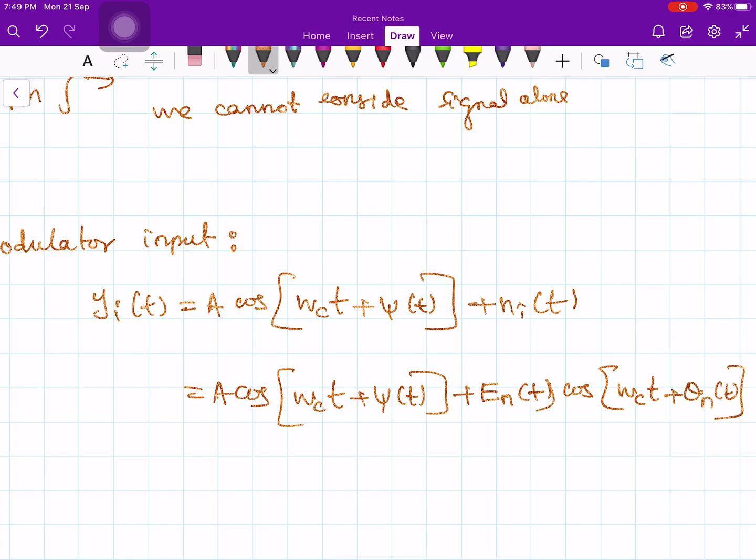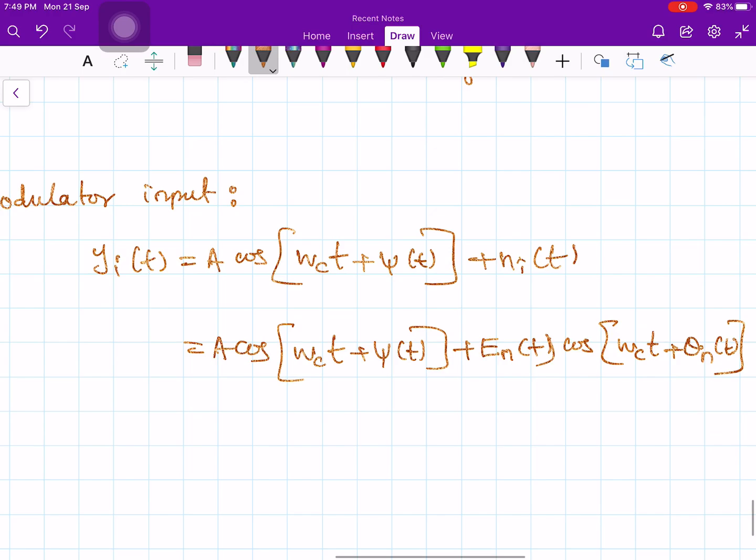Now to proceed further, it is best to understand the nature of the signal part and the noise part through a diagram, something called a phasor diagram, because you have two cosinusoids that differ by phase. One component has this phase and another has this phase.